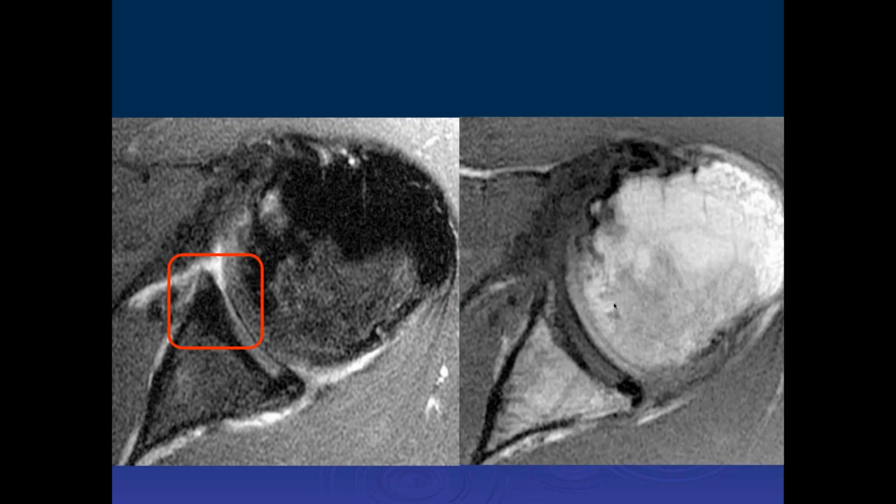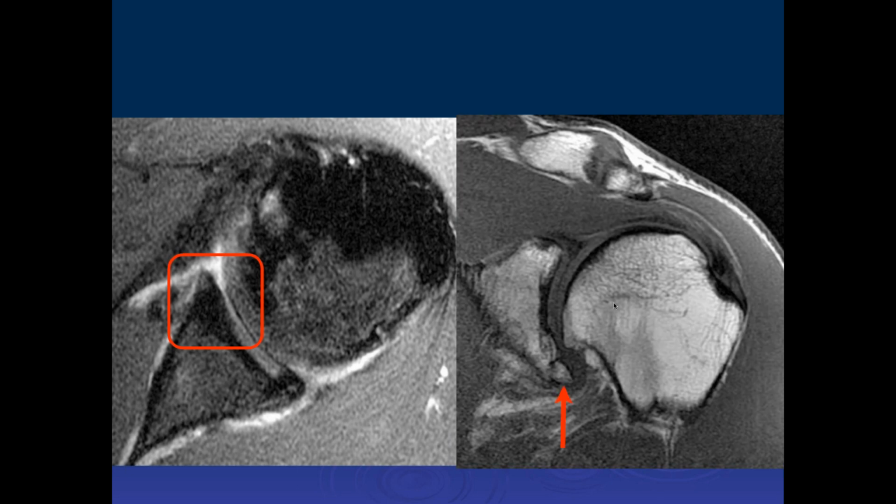Ashu, what do you think of this case? Looking at this, it looks like there's some abnormality of the anterior superior labrum there, or is this just the anterior labrum? There's some increased signal there. Oh, I see. It looks like partial ossification of the anterior labrum. Yeah.